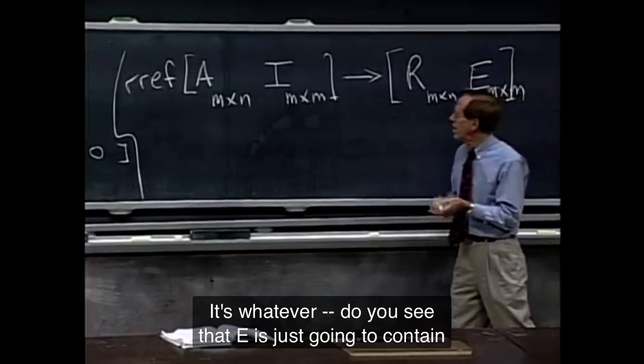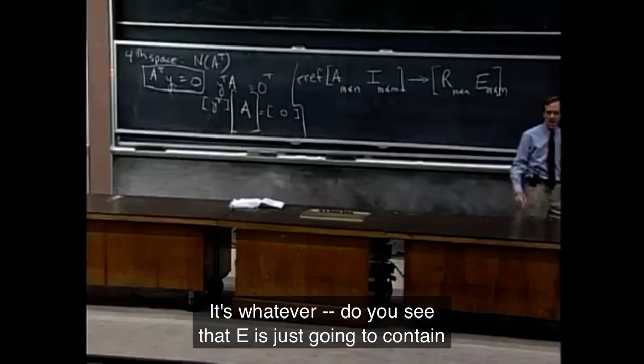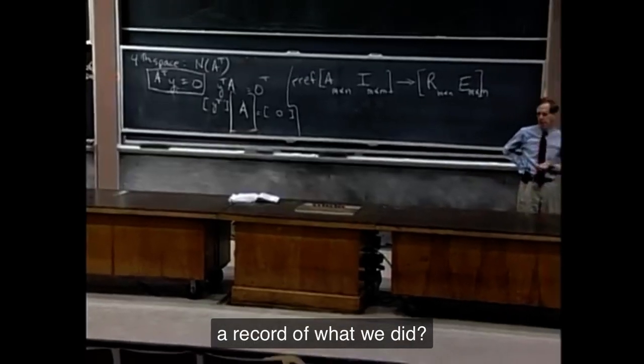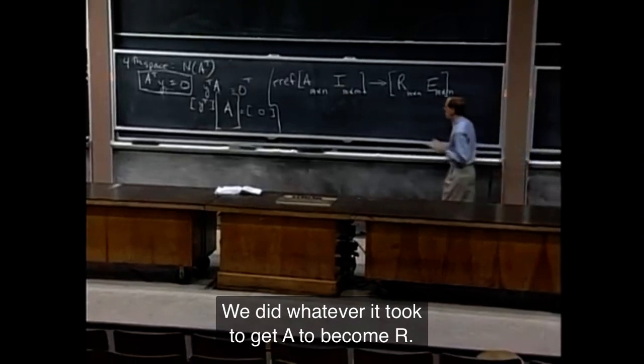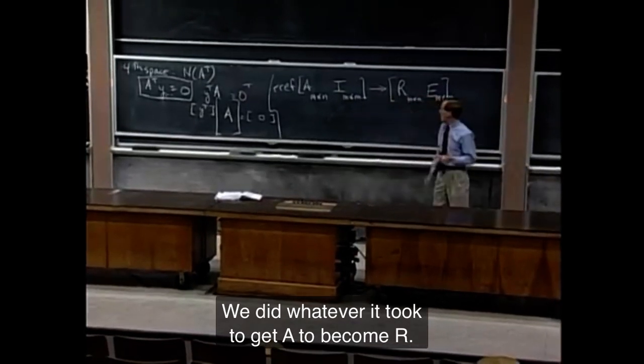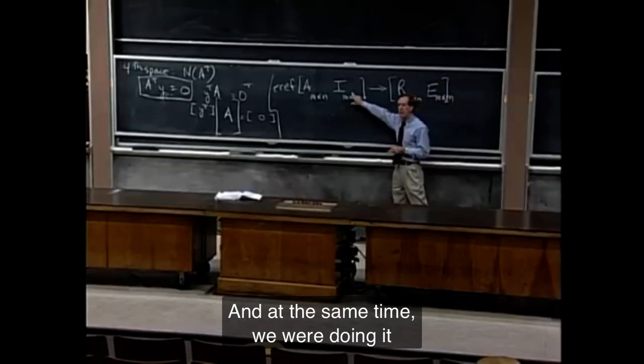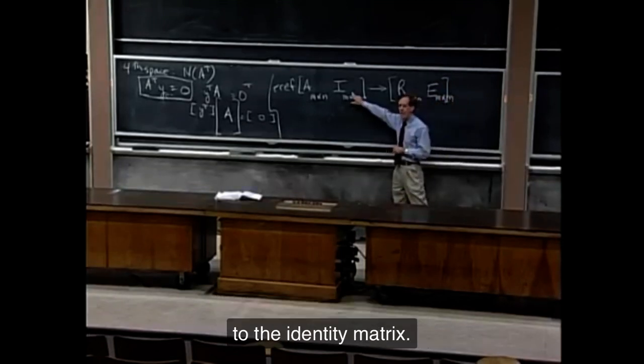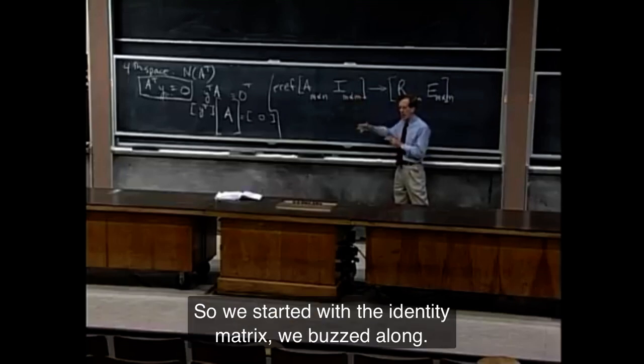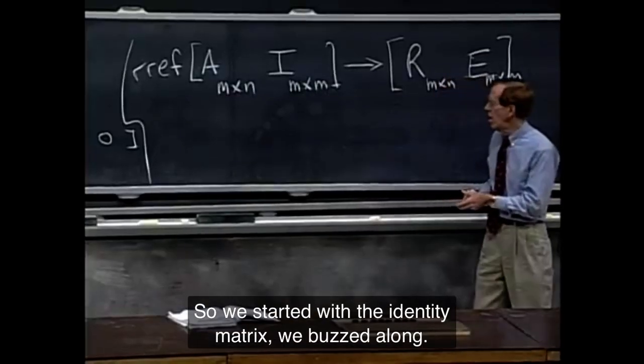Do you see that E is just going to contain a record of what we did? We did whatever it took to get A to become R. And at the same time, we were doing it to the identity matrix. So we started with the identity matrix, we buzzed along.